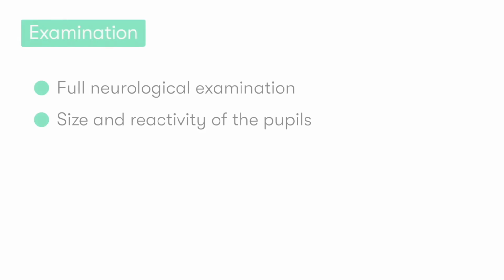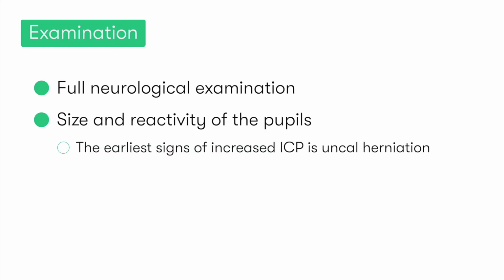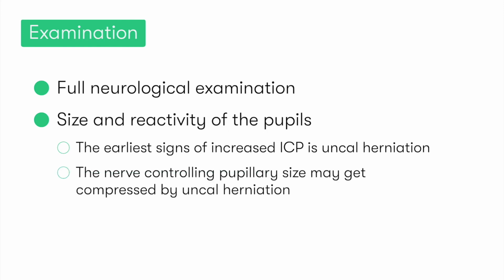Now, this is really important because, as we mentioned in our section on pathophysiology, and in particular the Monro-Kelly doctrine, with an increased intracranial pressure, once we get to the point where the CSF and blood within the cranial vault can't be reduced any further to prevent decompensation from occurring and the intracranial pressure from escalating, one of the earliest consequences is uncal herniation. Now, from an anatomical perspective, the cranial vault that sits within the area where the uncal herniation will occur is the third cranial nerve, which is involved in controlling pupillary size.